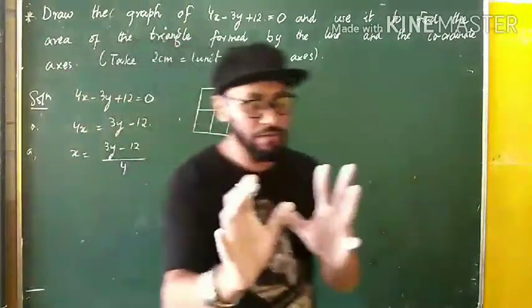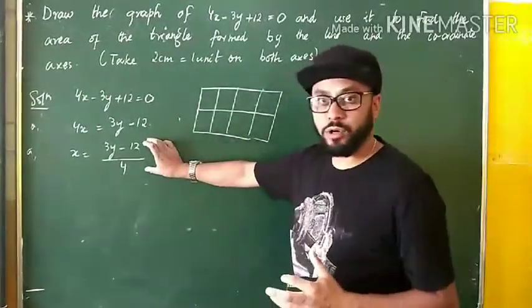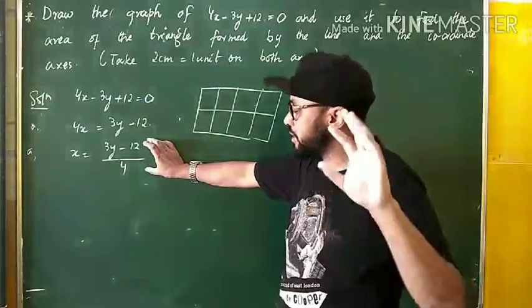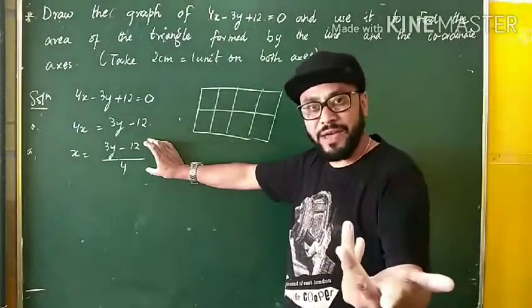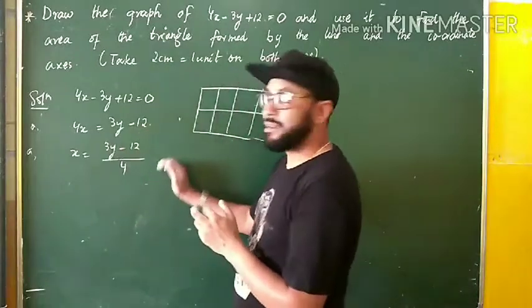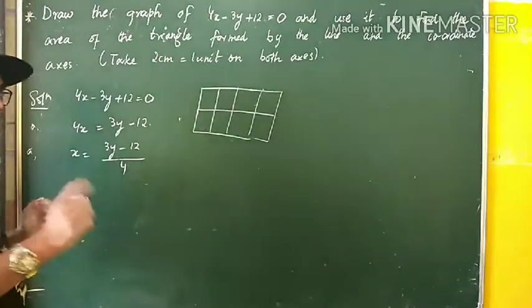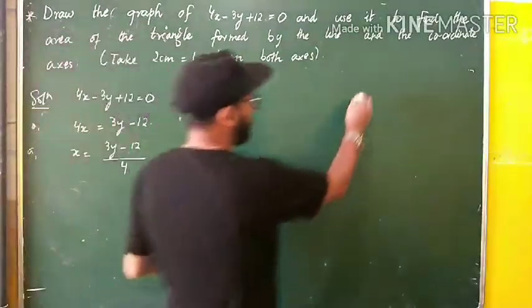Now pause the video, and before I do it, you try to figure it out, or do the calculation. What values are suitable, so that we won't get a decimal value here? Please do that. Okay, now if you have done it, then let's check. So let's make the table over here.